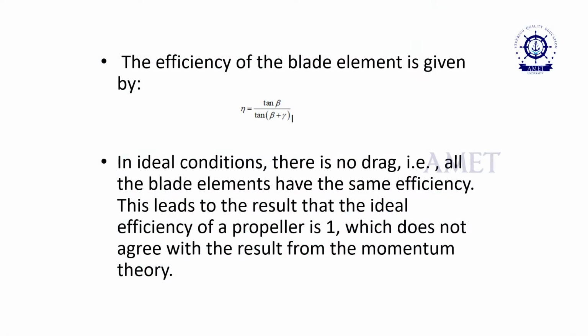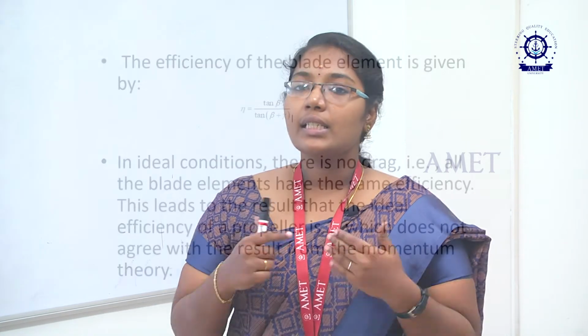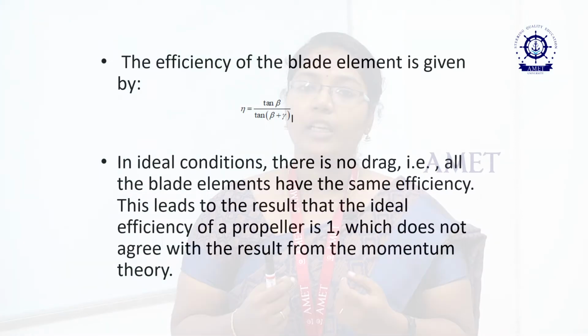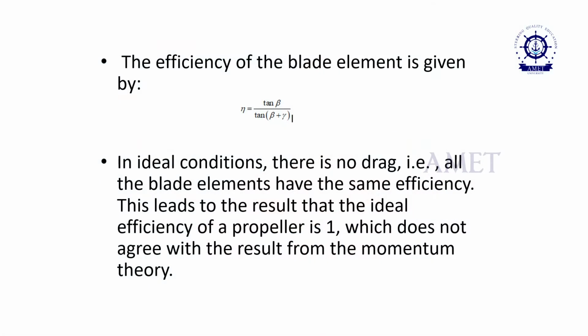When we talk about the ideal efficiency, eta is equal to 1 for a blade element, the same efficiency which will occur in no drag condition, and all the blade elements will have the same efficiency, which is very much a controversial statement relative to the axial momentum theory and impulse theory that we have discussed before.